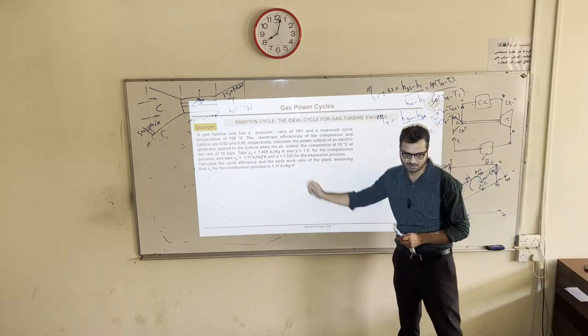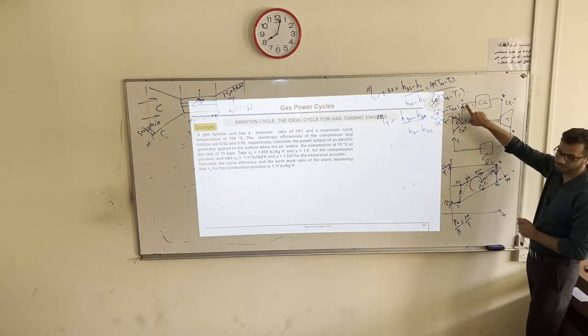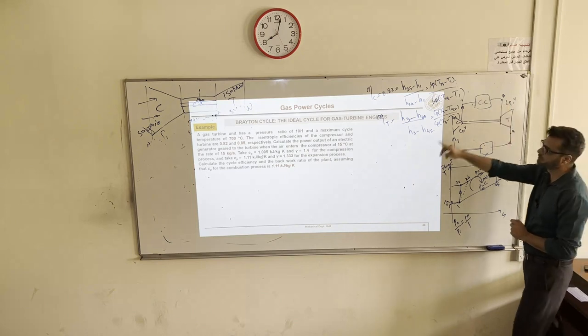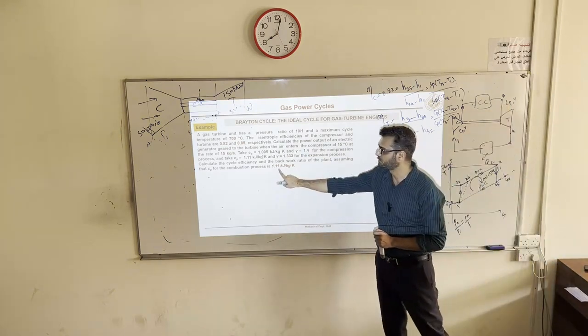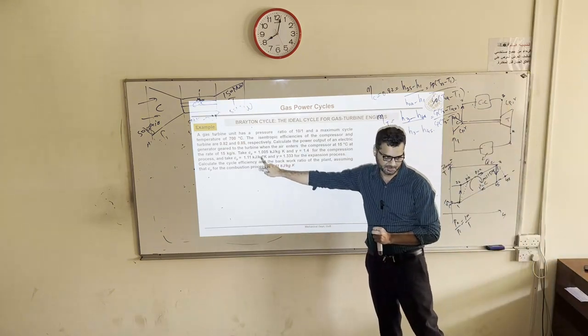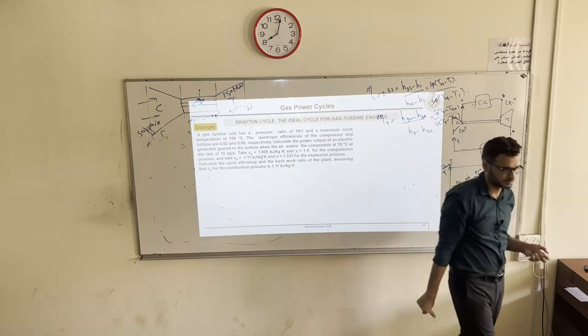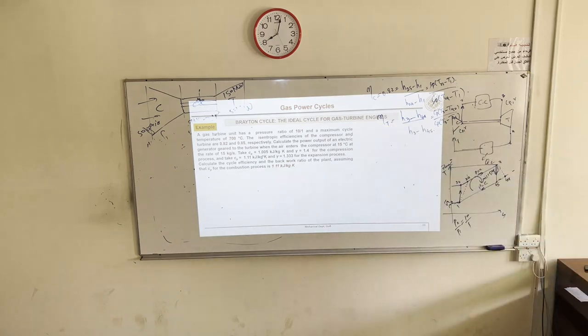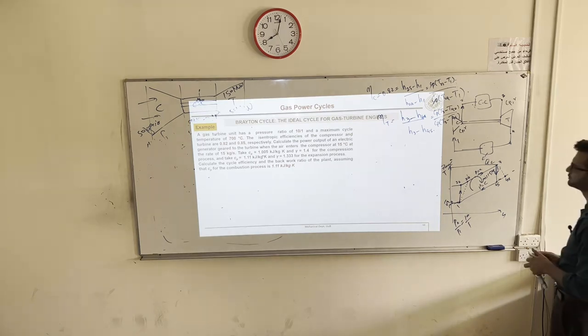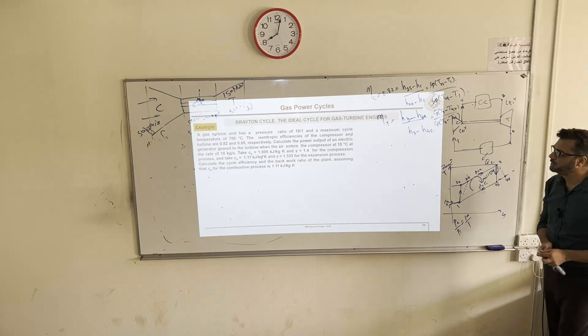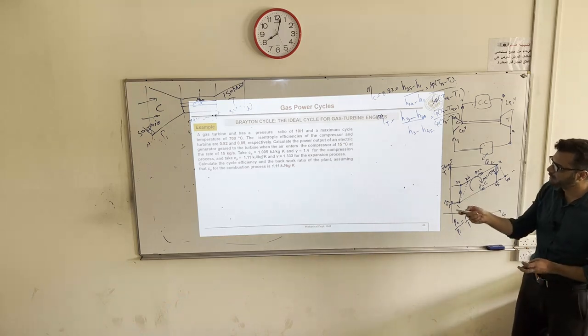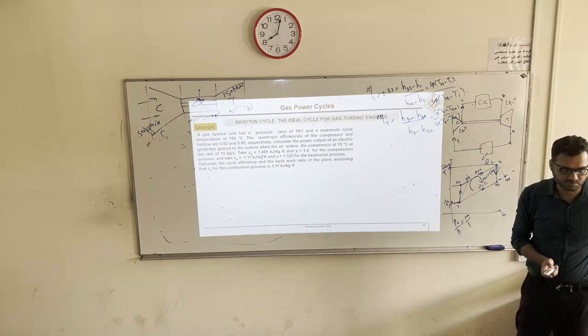And what about combustion? Because combustion is starting from pure air to mixture. So he's saying use this one for expansion. The same Cp should be used for combustion process. Okay, so it's a constant specific heat problem. But we are using two different specific heats, so the error will be less. What we need to find out: power output, efficiency, and back work ratio.